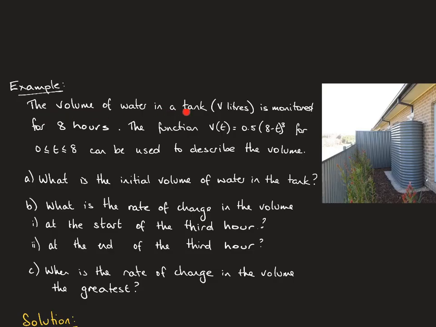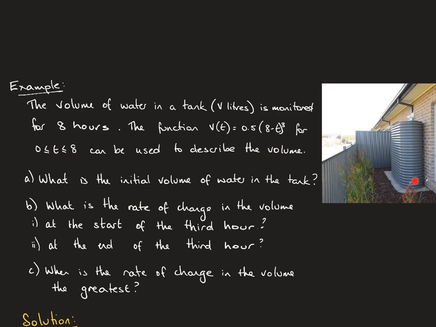The volume of water in a tank, here's the tank here, measured as V litres, is monitored for 8 hours. The function v of t, this formula here, for 0 is less than or equal to t is less than or equal to 8, so between 0 hours and 8 hours, can be used to describe the volume.